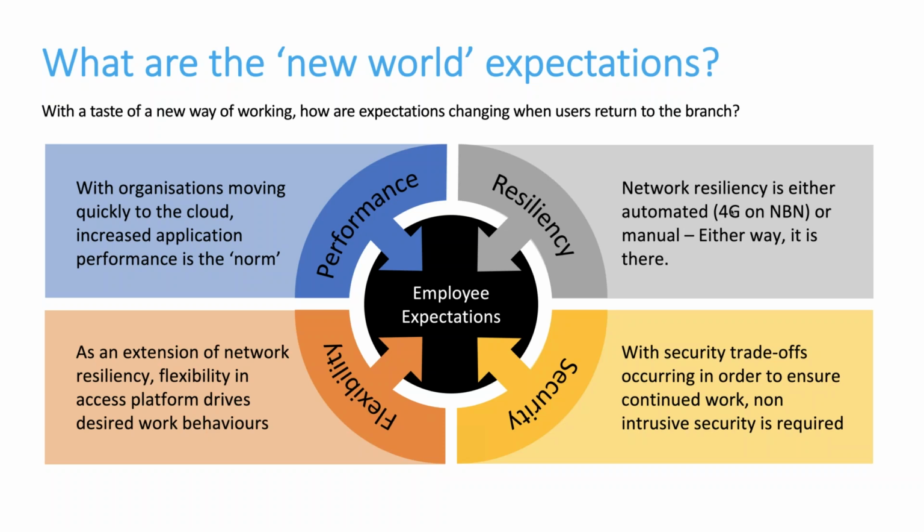Even if their kids are smashing the network with YouTube and other high bandwidth video applications, employees are quickly able to transition to their 4G service to get the bandwidth they need, so they can adapt quickly, and performance should no longer be, well, probably one of the lower issues.